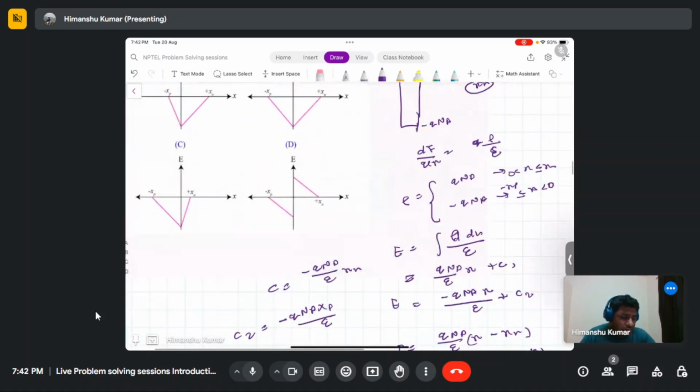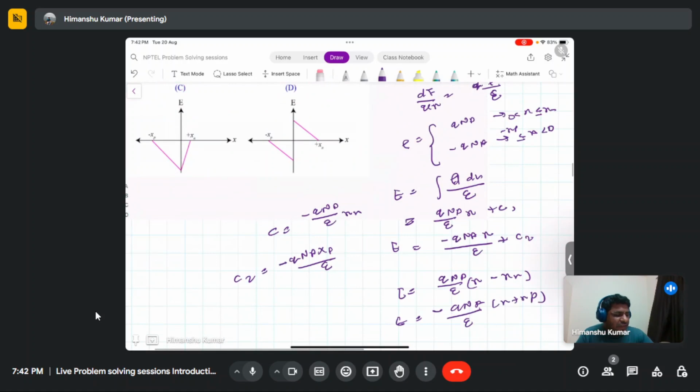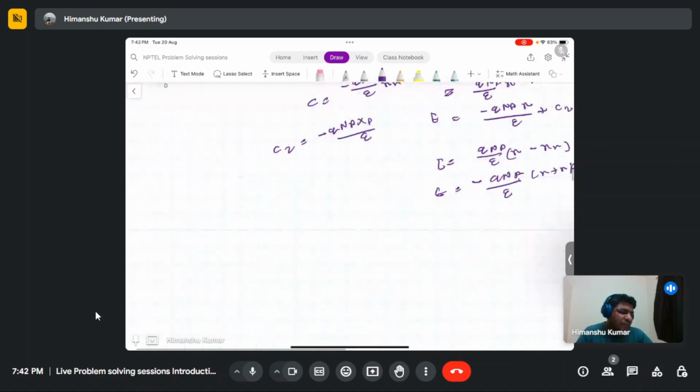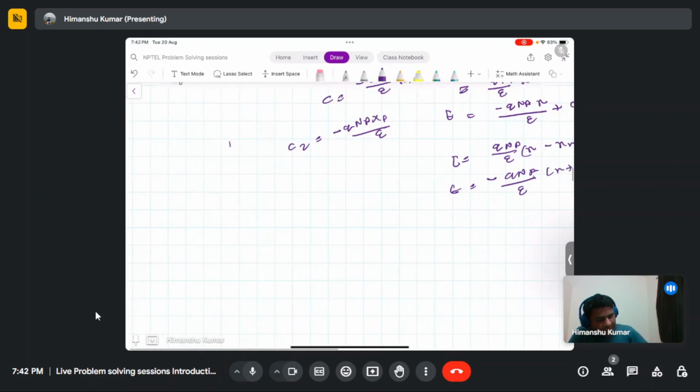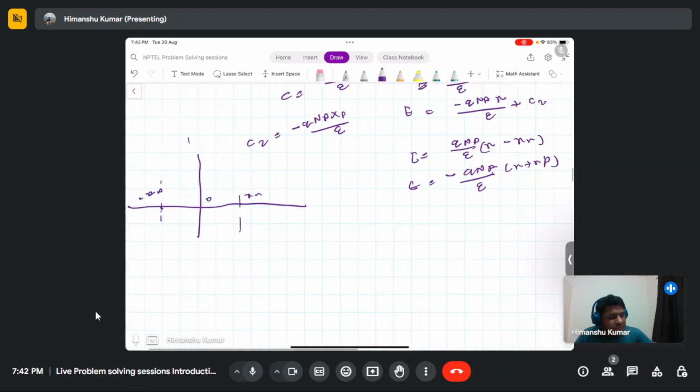If you plot it with this equation, then at the boundary x equals xn, the field is 0, and at x equals minus xp, the field is 0. And as you see, this side has a positive slope, and this side has a negative slope, and this slope is basically your charge.